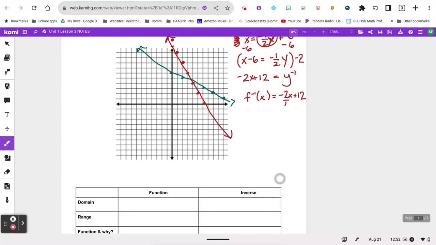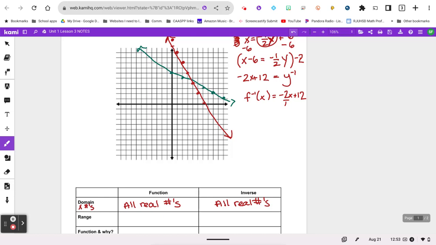All right, so these were domain. Domain is going to be your x values, so these are your x numbers. No matter what x I put into either of these equations, I'm going to get an answer out. So this is called all real numbers, and they both are going to be the same thing.